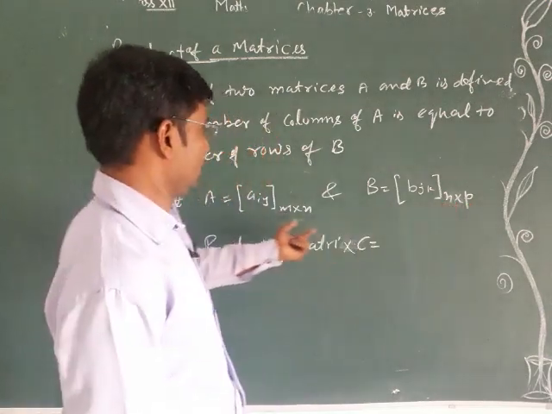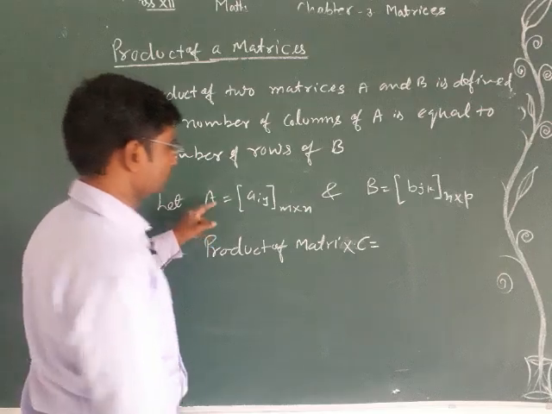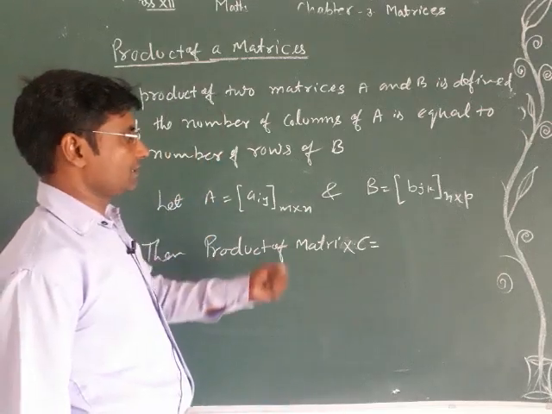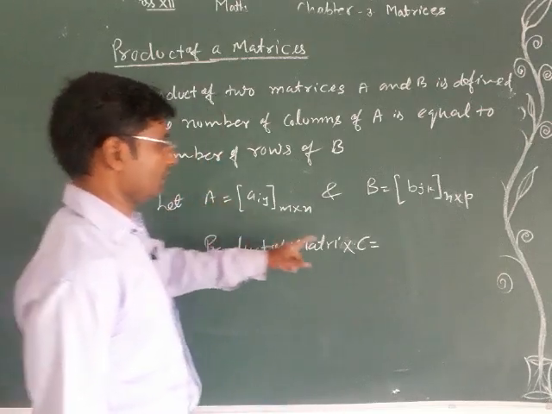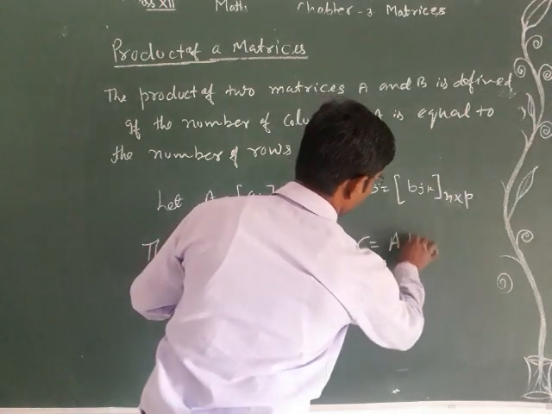If this is possible, the product gives a new matrix C equal to AB.